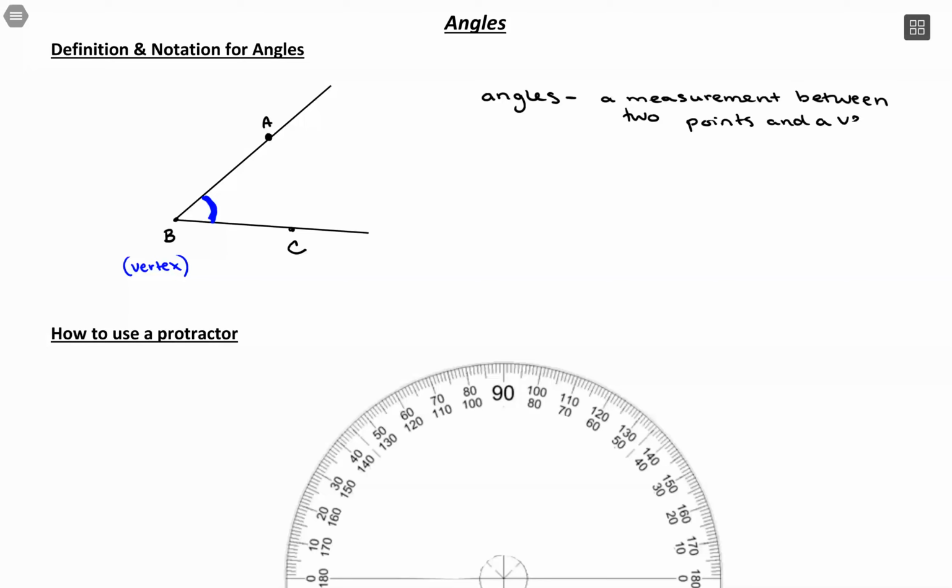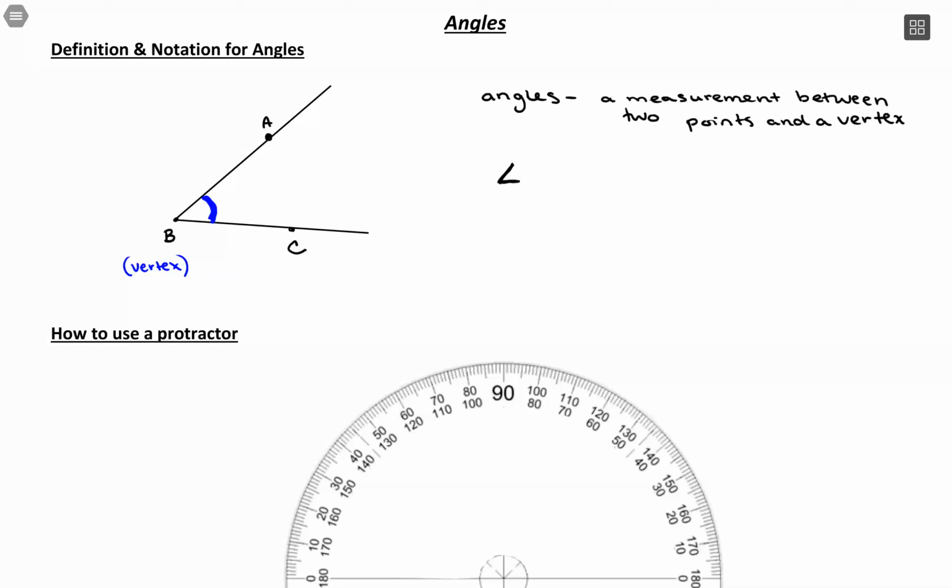Now, for notation, there's a few different ways that we could write this angle measurement. So if I'm trying to describe this blue measurement here, the symbol we'd use looks like this. That would be read out loud as angle. And then we can do it as a combination of 3 letters, and what is important is that B would be in the middle.